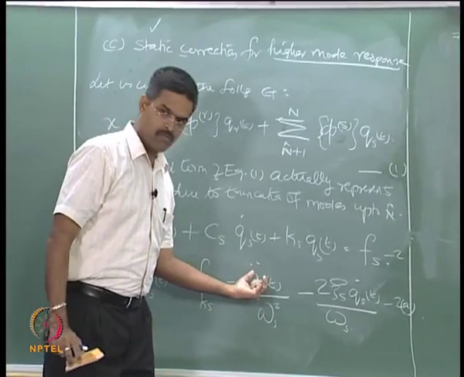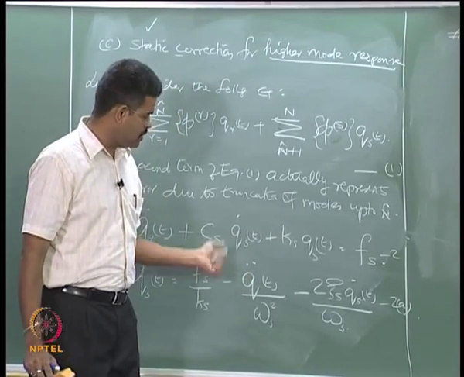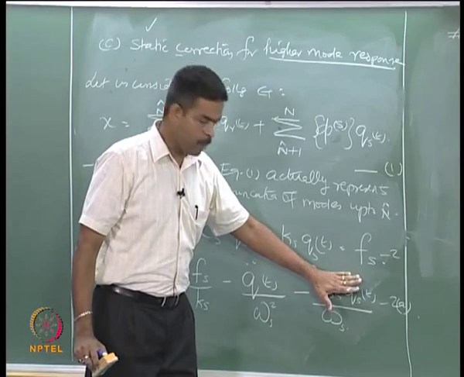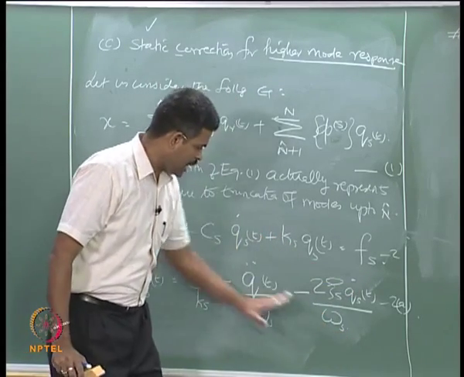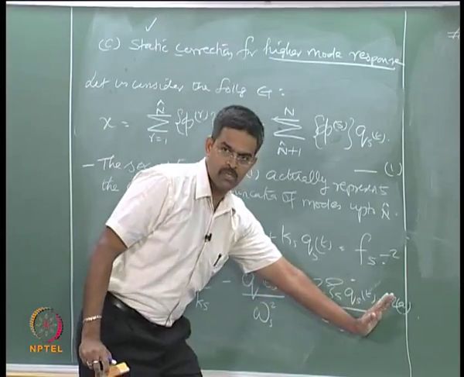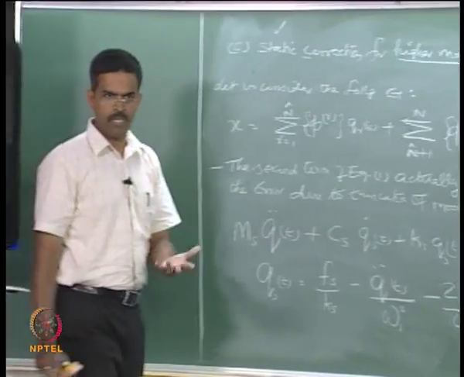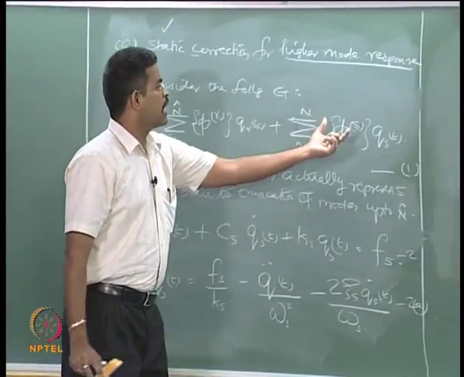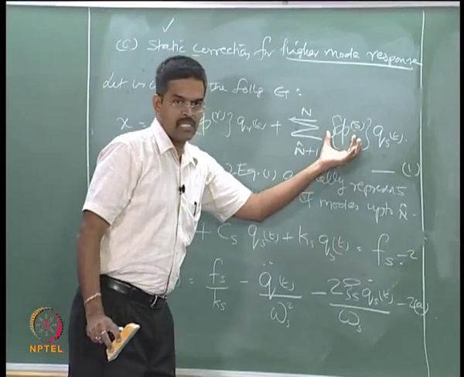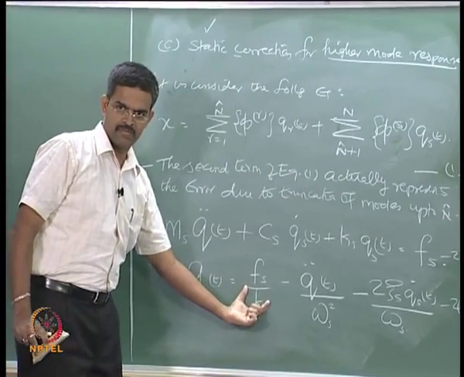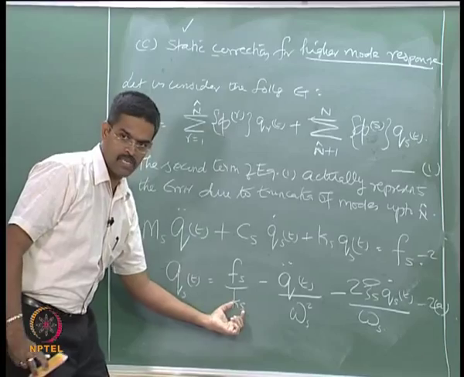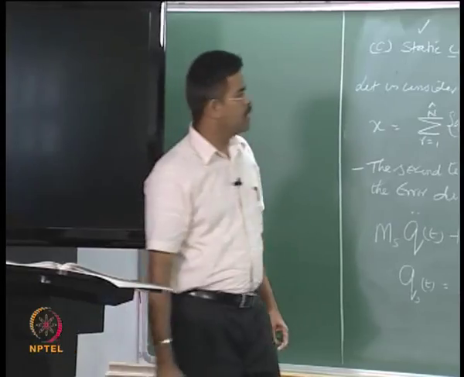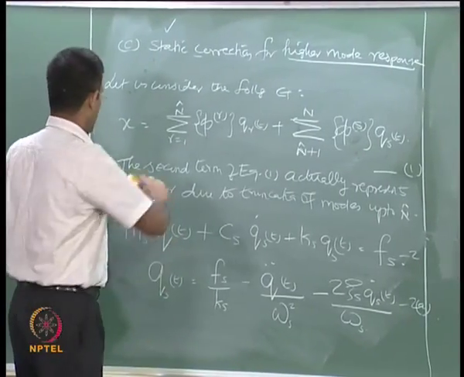The dynamic term which comes from inertia is inversely proportional to square of higher omegas, and the damping term is proportional to inverse of omega. For any higher values of omega, these terms will become insignificant. That is why, if I correct this to this, I call this correction term the static correction, because this has only the static term here, there is no dynamic term involved in this, is it not? Any questions here?